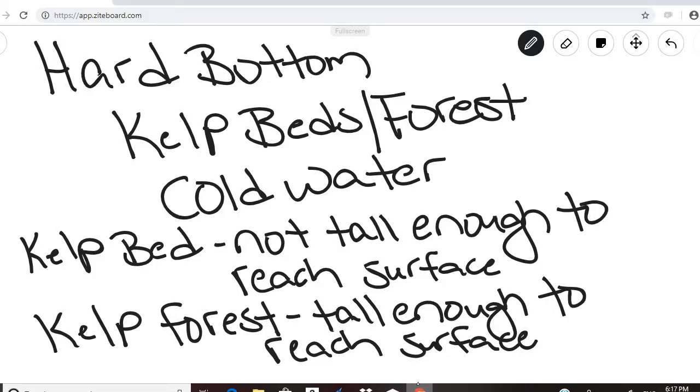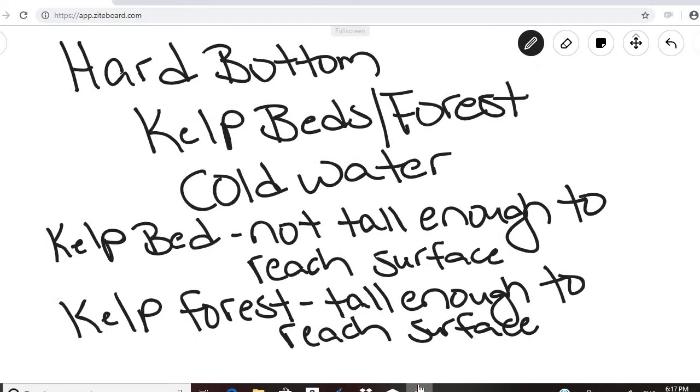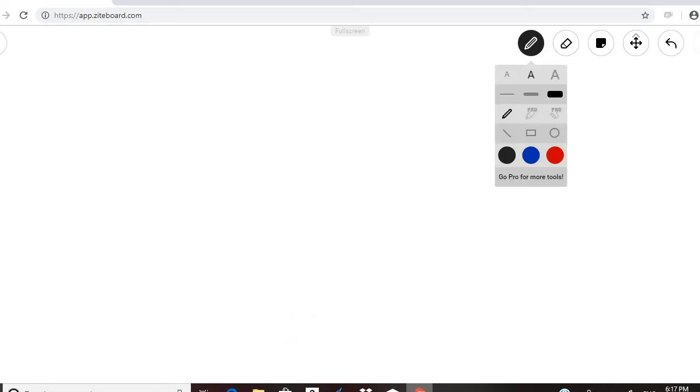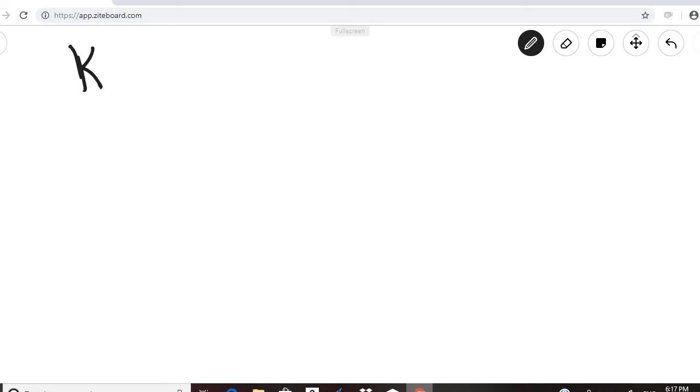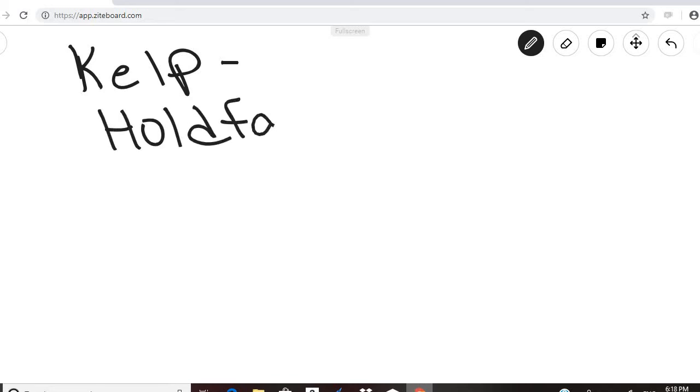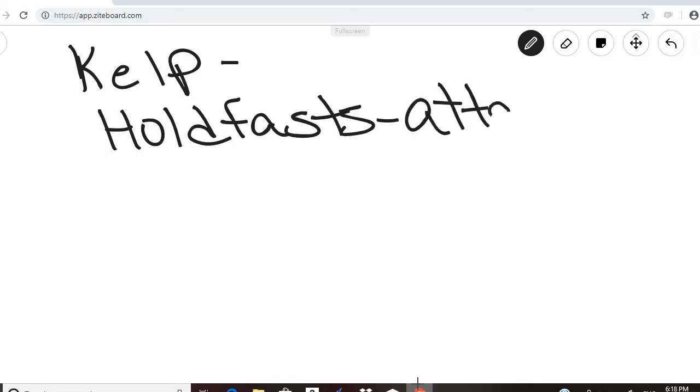Now remember we talked about kelp a little bit earlier in the semester, but kelp does not have roots. What they have are holdfasts. This is what they use to attach to the substrate.